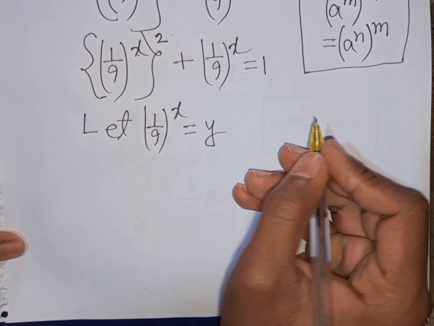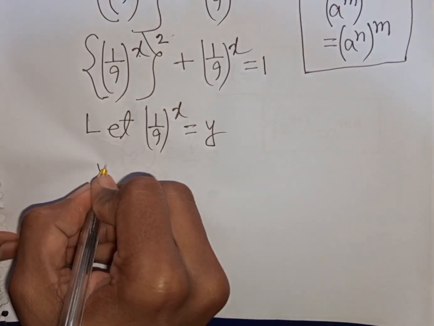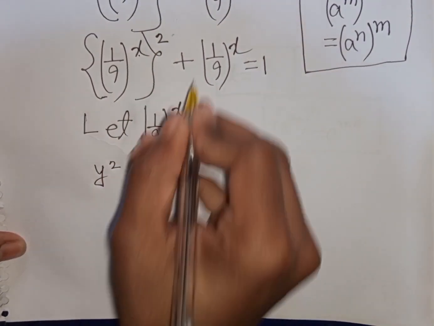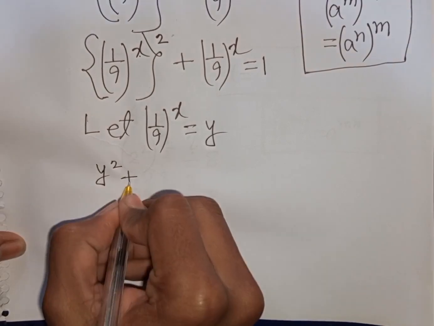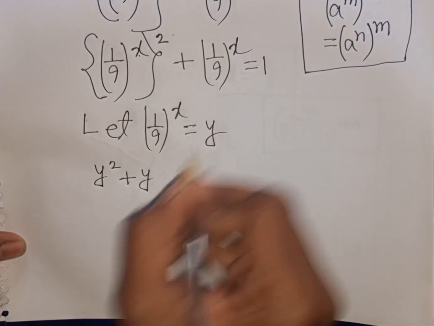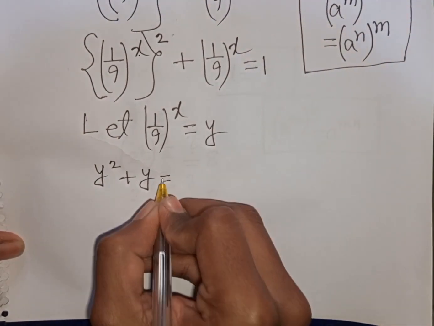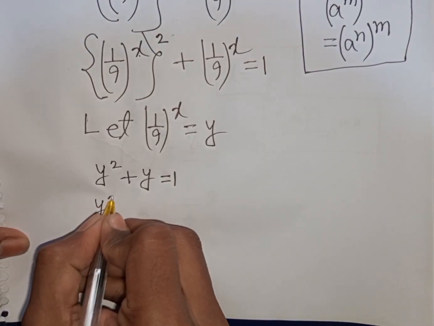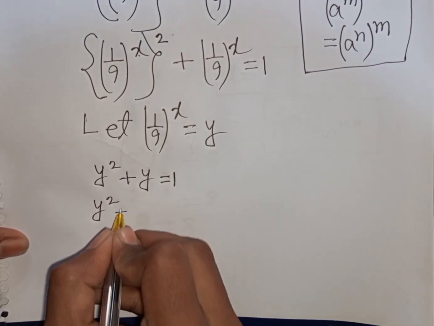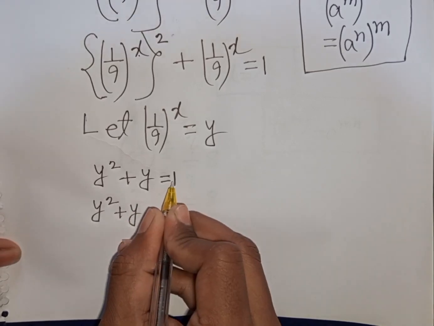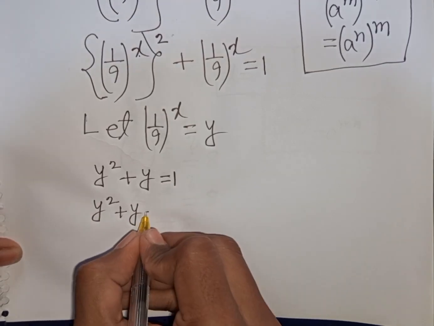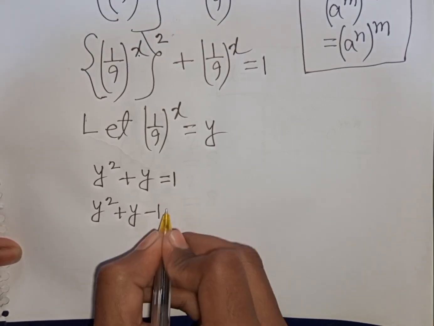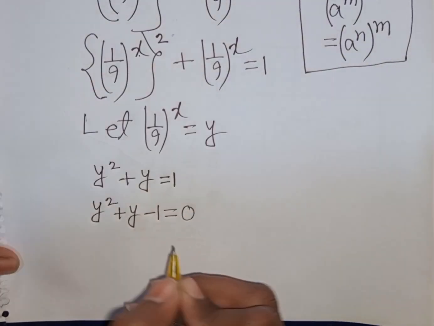So our equation will be y square plus y is equal to 1. Now we can write here y square plus y, then this plus 1 taken to the left side will be minus 1, is equal to 0.